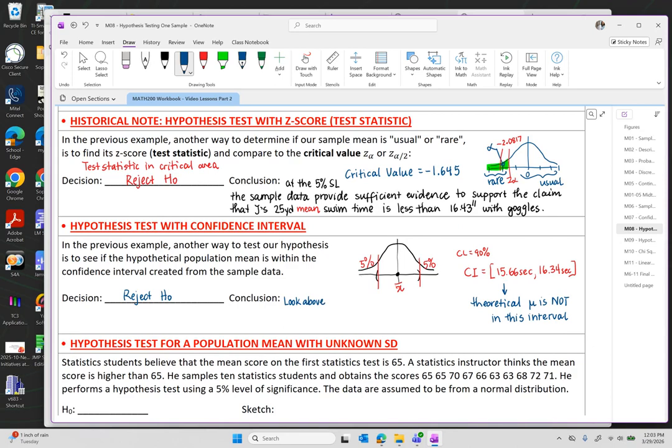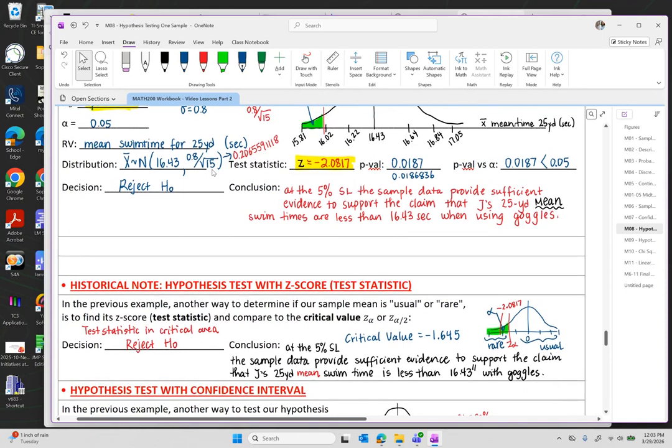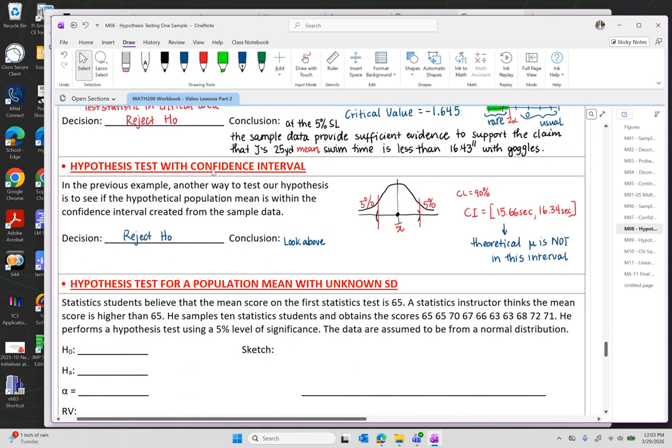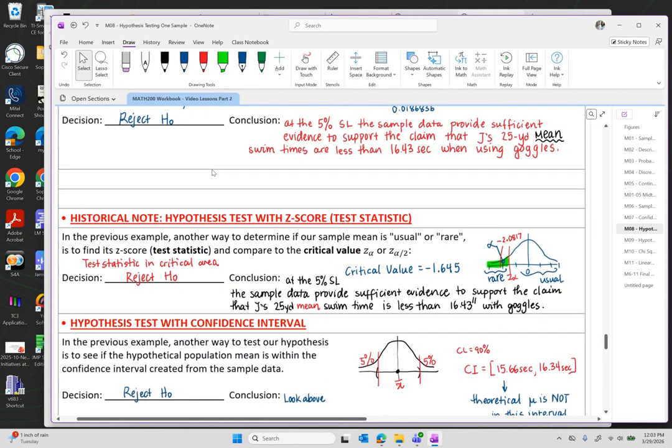So regardless of which method you use to solve a hypothesis test, the conclusion should always be the same. So you should always get the same decision and conclusion. So whether you choose the p-value, whether you choose the critical value, or whether you choose to solve it with a confidence interval, all methods should provide the same answer.